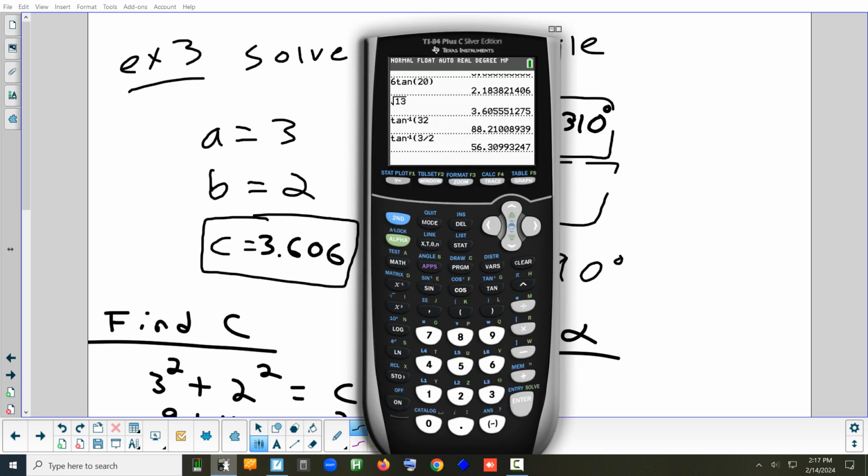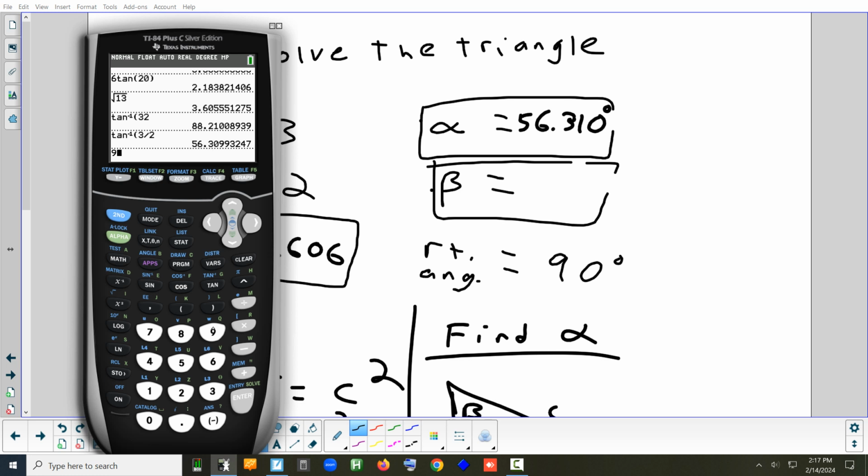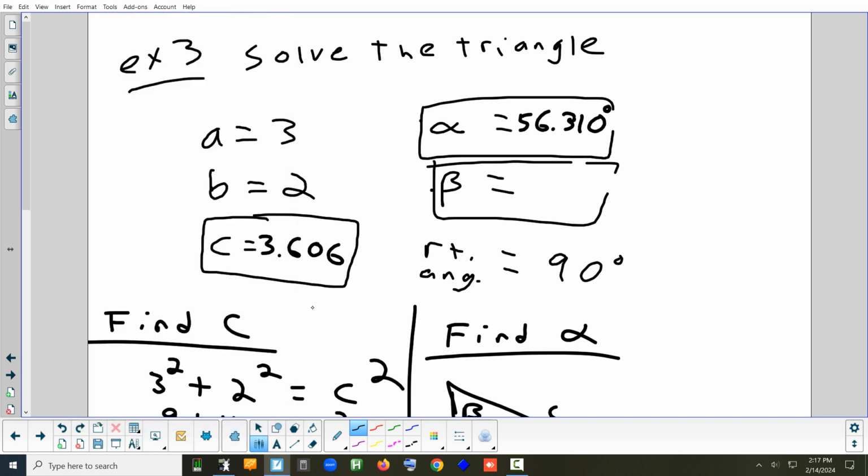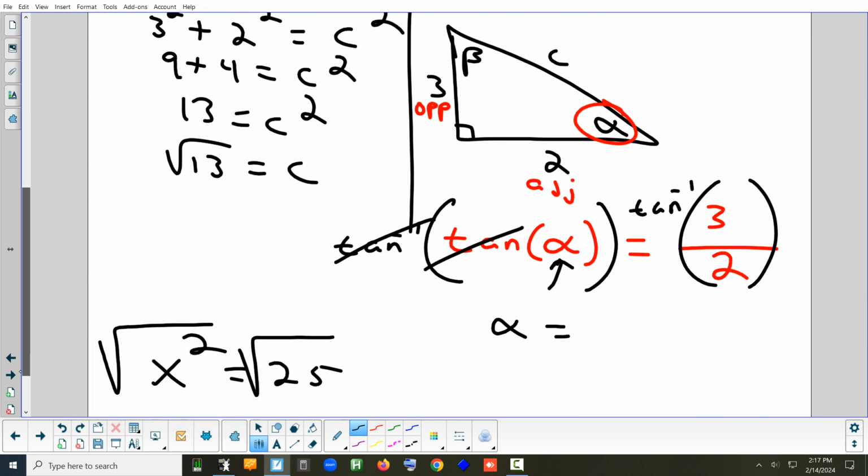Now, if we got that right, then the other answer should be 33.69. Let's just keep that number in mind, 33.69, and see if we get that when we solve for beta the same way we did alpha.